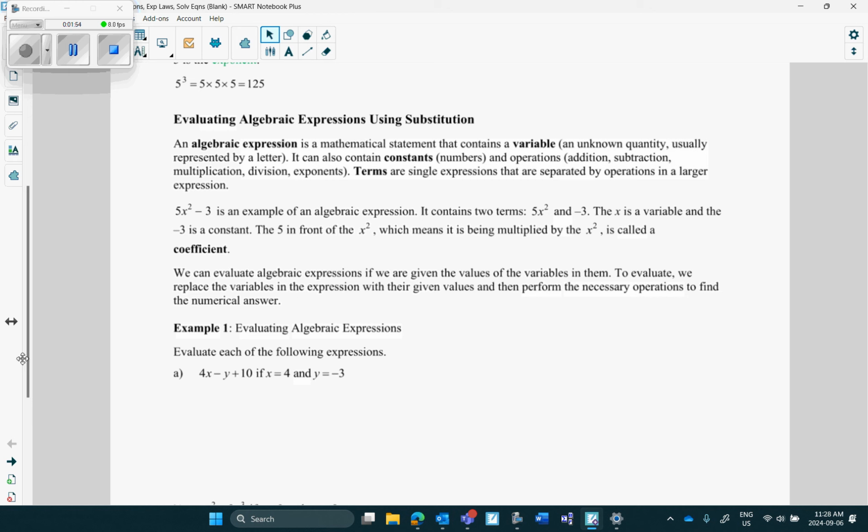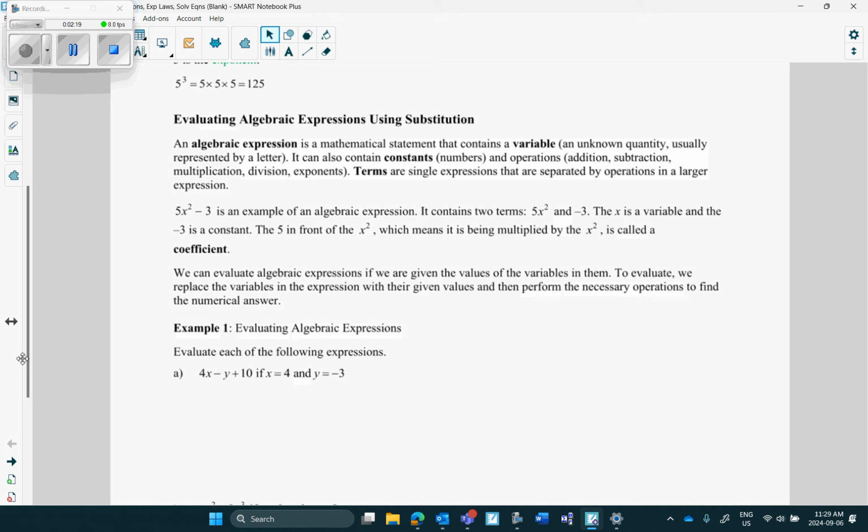It can also contain operation signs: addition, subtraction, multiplication, division. It could also contain exponents. And if it does contain plus and minus signs, we call each of the things between the plus and minus signs terms.